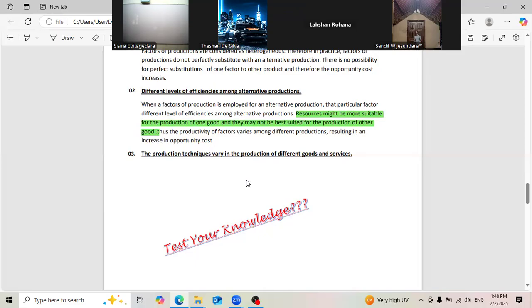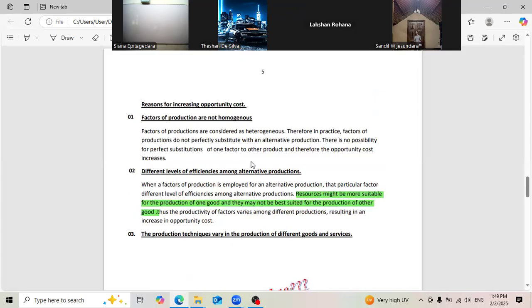The way of producing cars and the way of producing textiles are totally different. So because of these reasons, increase in opportunity cost takes place, causing your PPC curve to be concave to origin. Is that clear?